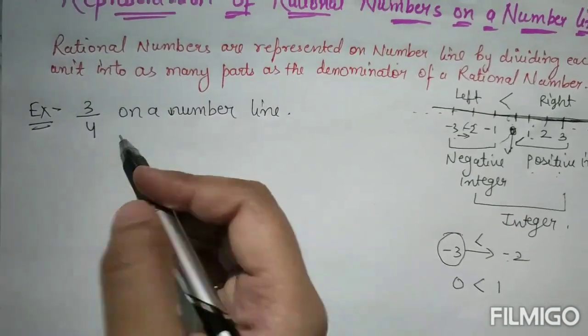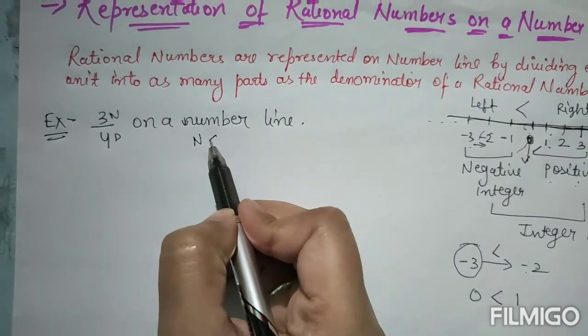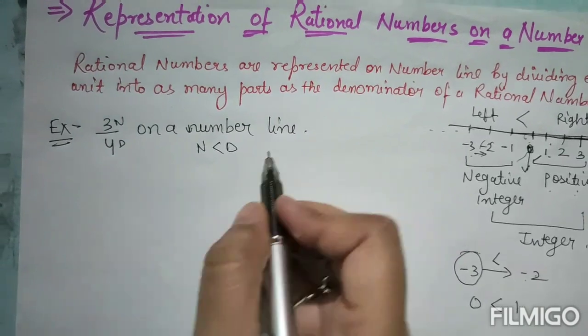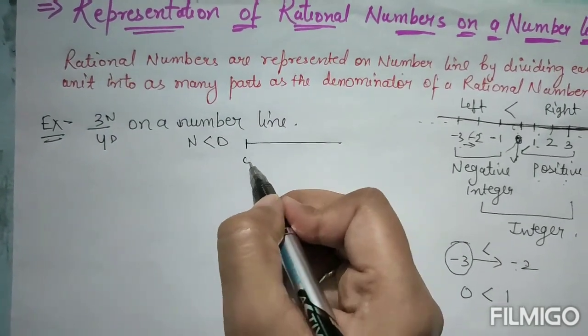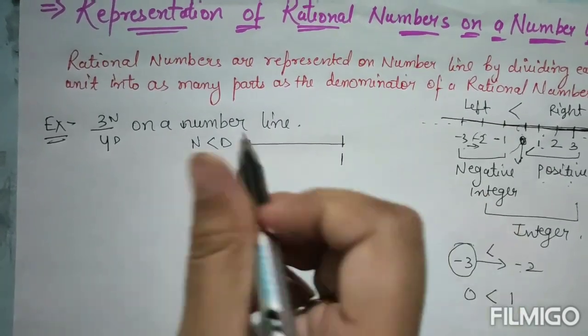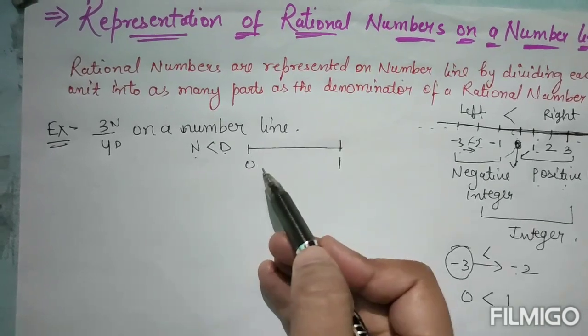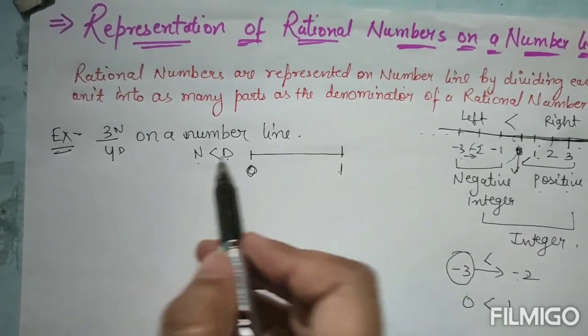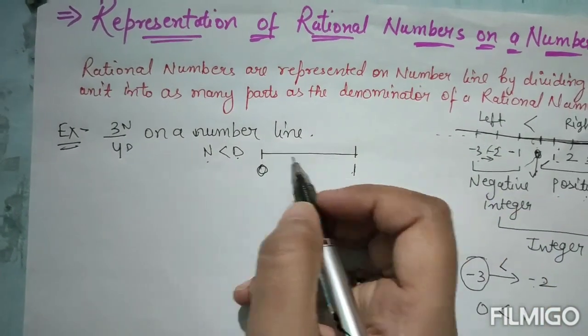You all know this now. That means where will this number lie on the number line? Between 0 and 1. Whenever the numerator is less than the denominator, the number will always lie between 0 and 1. Clear?